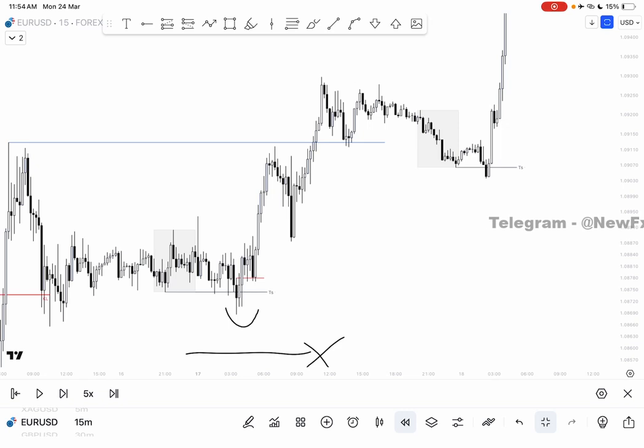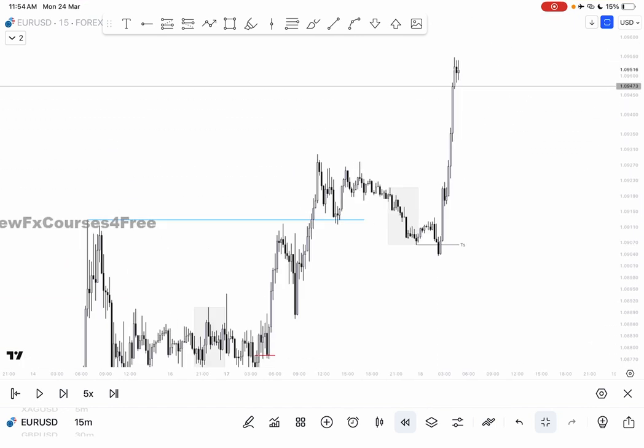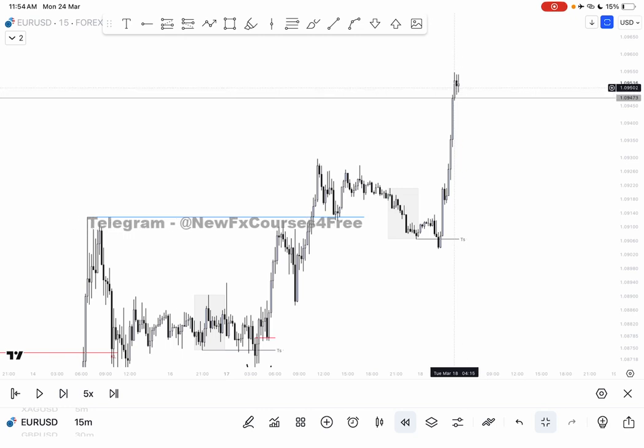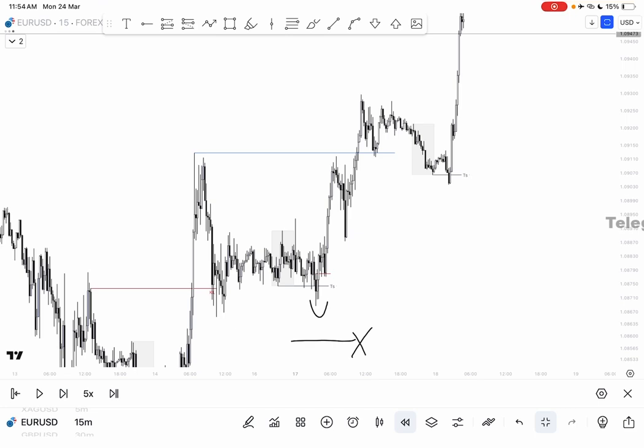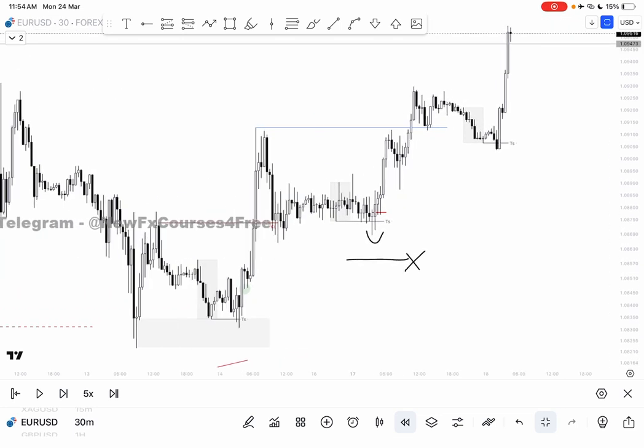So I held this trade towards this whole move, and I closed out here, somewhere here. And it was actually a nice trade, and it was beautiful.